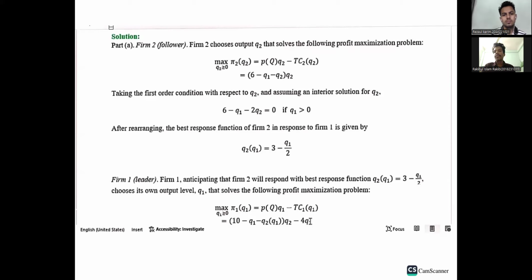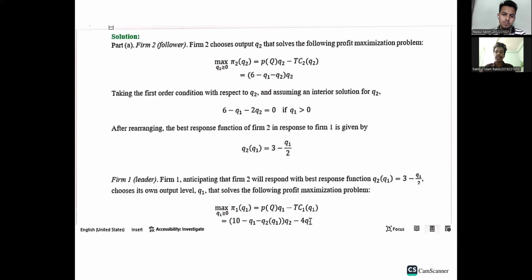Then taking the first order condition with respect to Q2, and assuming an interior solution for Q2, which is 6 minus Q1 minus 2Q2 equal to 0, where Q2 is always greater than 0. After rearranging, the best response function of farm 2 in response to farm 1 is given. Deriving the equation in terms of Q2, Q2 is equal to 3 minus Q1 by 2.